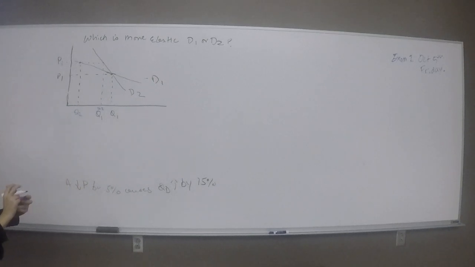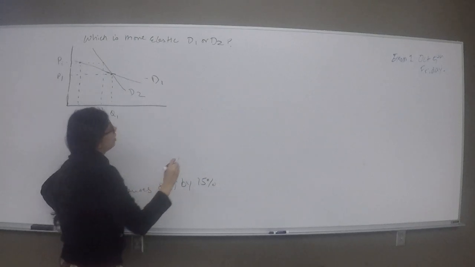Okay, which one is more elastic? Demand curve 1 or demand curve 2? Now what you're looking for, and I'm sorry it took so long to draw this, it's a little tricky when you're drawing it, is a greater change in quantity demand.